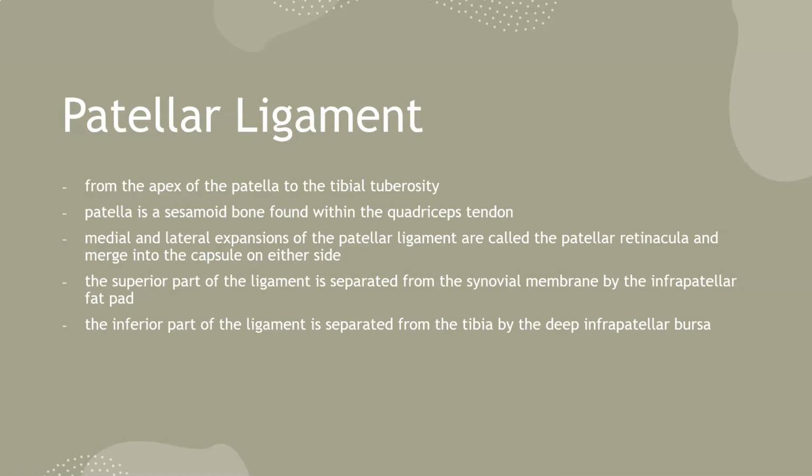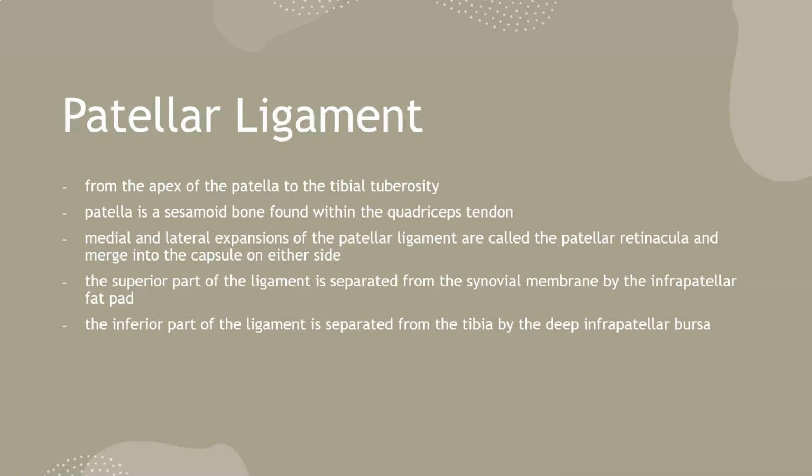There are some authors that believe that above is the patella or the quadriceps tendon, and then below the patella is the patellar ligament. Either way, it still seems to be a continuation of the quadriceps. So the patellar ligament runs from the apex of the patella to the tibial tuberosity. Remember that the patellar apex is on the inferior part.